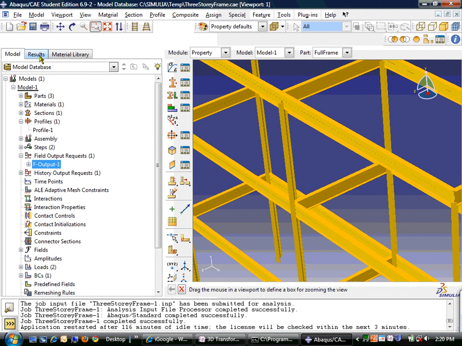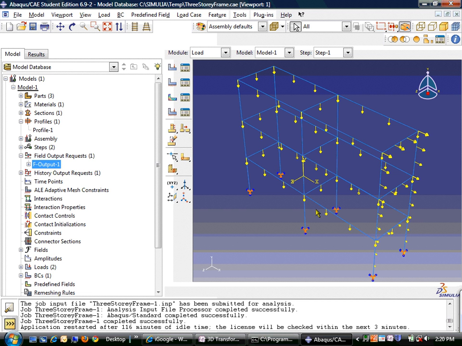So finally, if you go to the load module, this is the load sets that I defined for the 6 nodes at the bottom. They are fixed against rotation and displacement. You apply some gravity loads and you apply some, let's say, wind or lateral loads.